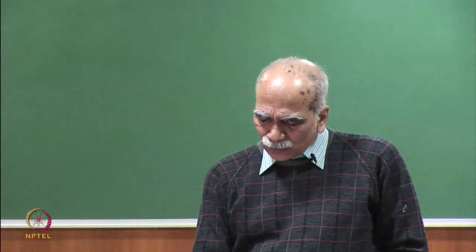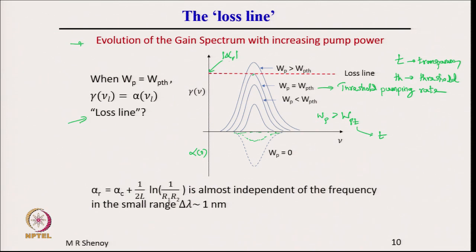Couple of points which I want to discuss here is why loss line. What is this? This is the gain variation, gain with frequency or wavelength. Loss is shown as a line because over the laser transition, this wavelength region is very small. This whole delta lambda is of the order or less than 1 nanometer or 0.1 nanometer.